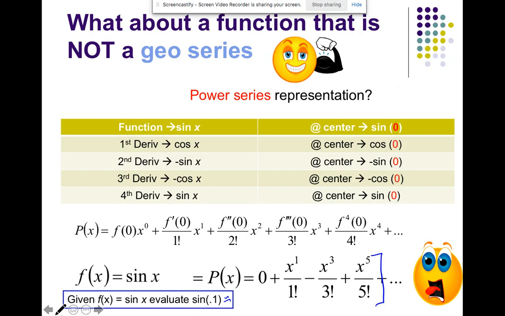Oh, wait, before I do that, I wanted to say, what do you think would happen if I asked you to construct a Maclaurin power series for cosine of x? You're going to follow this same phenomenon. My function is cosine of x.